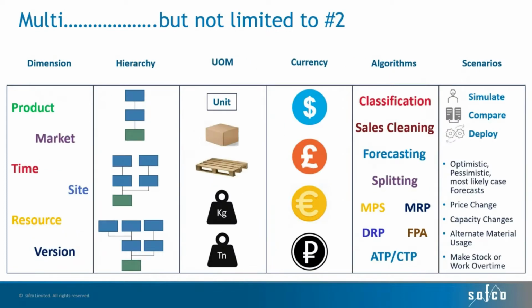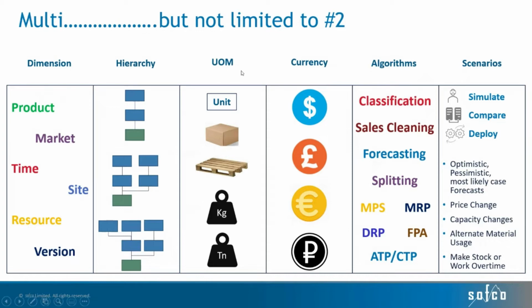I mentioned earlier we deal with different verticals in terms of customers: CPG, specialty retail, manufacturing. So we have to be able to model their businesses, and the Sofco system is highly configurable. We can configure the dimensions and the product hierarchies to match the structure of each of our individual customers.